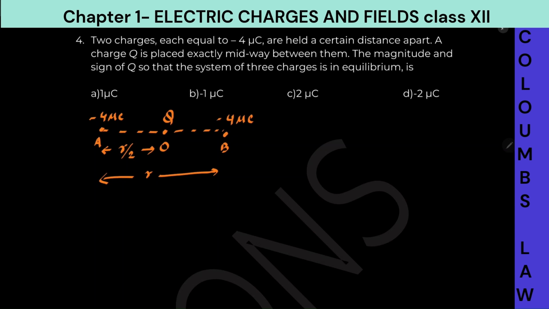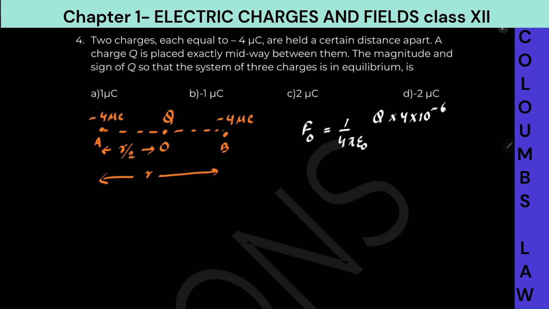Previously, when this Q was not there, A and B had some repulsive force between them. Due to the presence of Q, this repulsive force is affected. Because both charges are equal, we first find the force due to A or B on this O. That will be equal to K, which is 1 by 4 pi epsilon naught, times Q times 4 into 10 to the power minus 6.